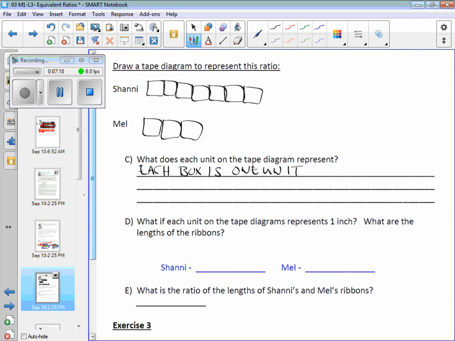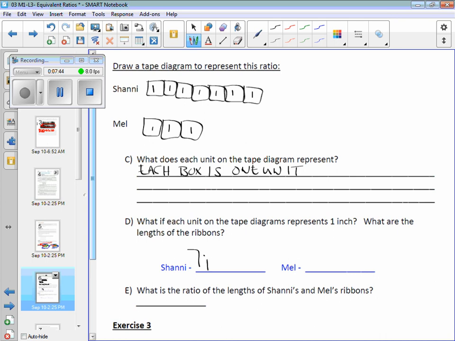Now I'm going to give each box a value. If I told you that each unit is 1 inch, what's the length of Shani's ribbon? What's the length of Mel's ribbon? If each box is 1 inch. Jasmine. 7 inches and 3 inches.